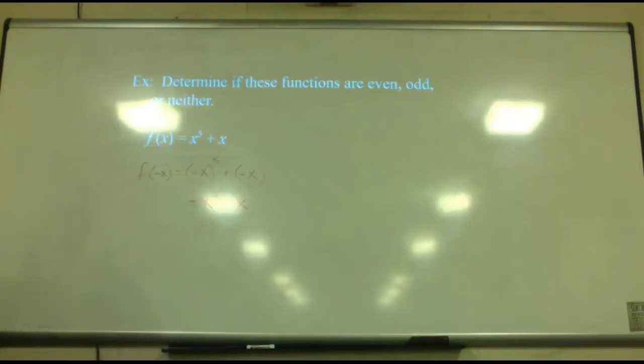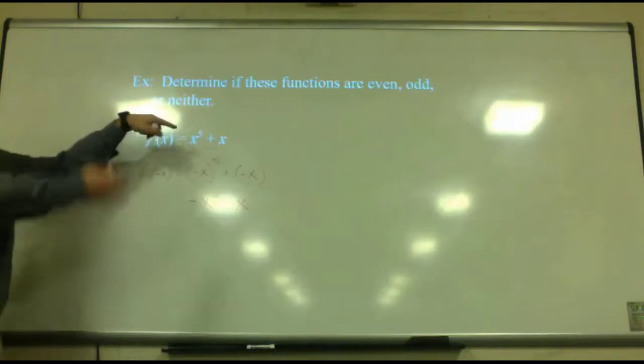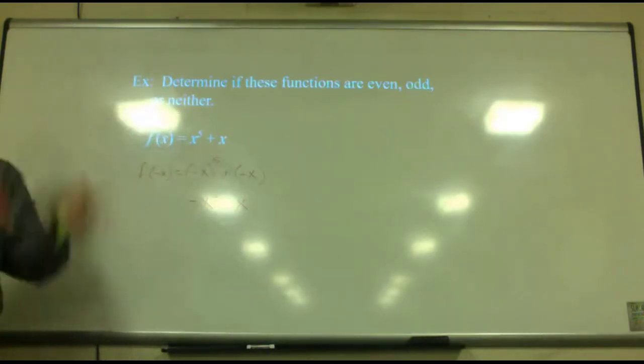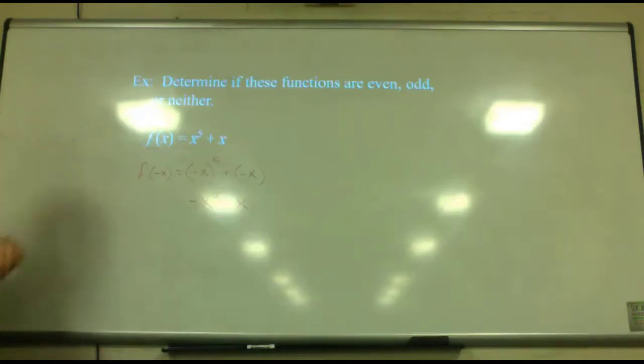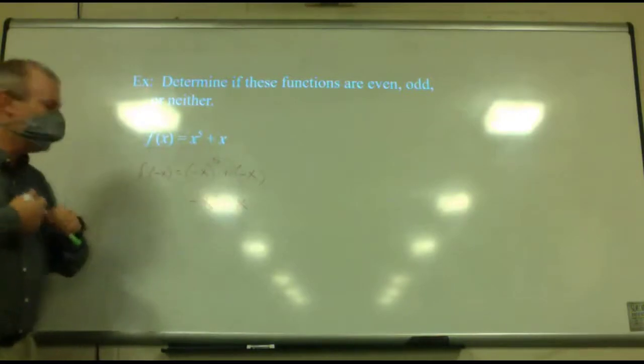So we asked 2 questions here. The first question is to determine if it's even. Is this exactly the same as this? No. It's obviously not exactly the same because it has changed. So that tells us it's not even. If it's exactly the same, it is even. Is this exactly the opposite of this? Well, here's how you check that.